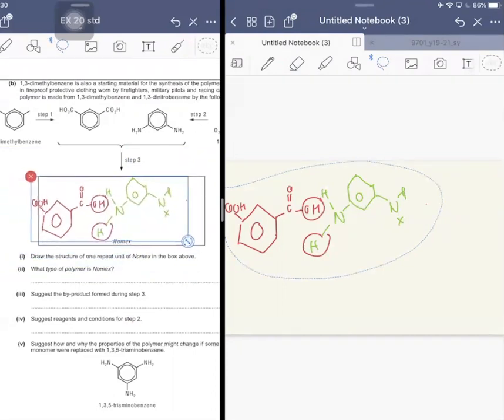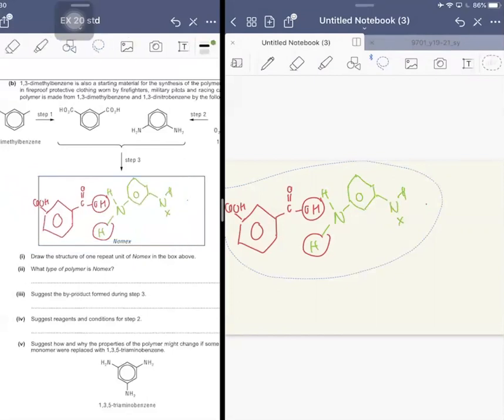And then you see the COOH. Because it is a repeating unit, you have to make it as a floating carbon, CO, and then so is the nitrogen, hydrogen. What type of polymer is Nomex? You haven't done this. Condensation polymerization.